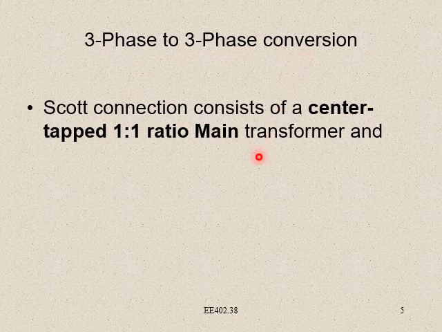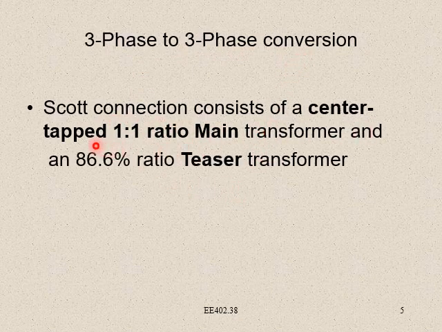Three-phase to three-phase conversion. The Scott connection consists of a center tapped 1:1 ratio main transformer and an 86.6% ratio teaser transformer.